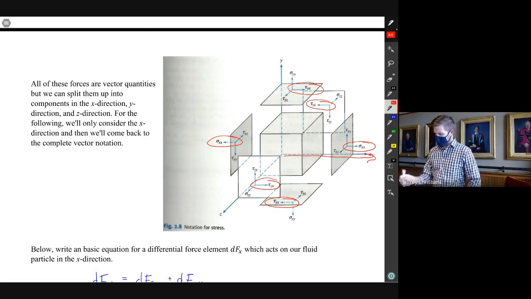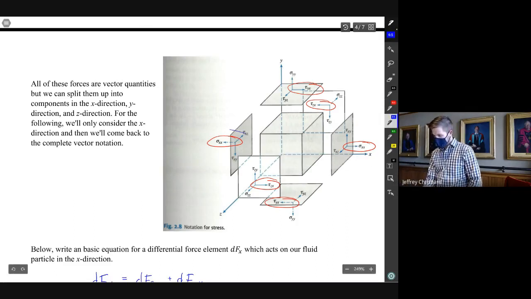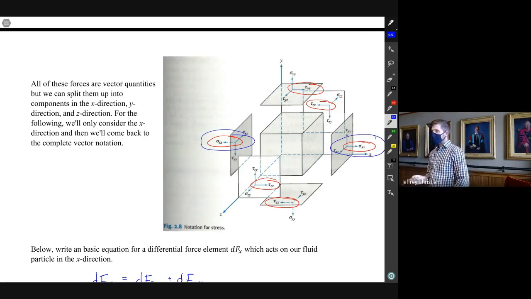Let me circle in a different color. Let's look just at these two. When we're looking at the forces on a fluid, if you're pushing with 10 newtons on one side and 9 newtons on the other side, your net force is 1 newton.